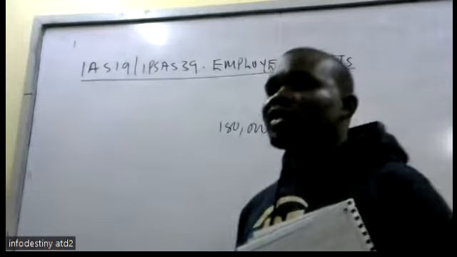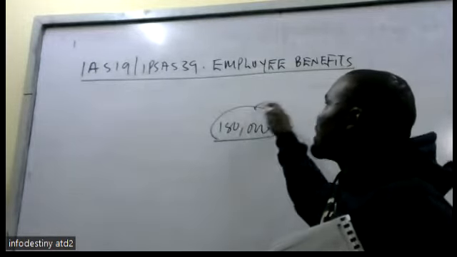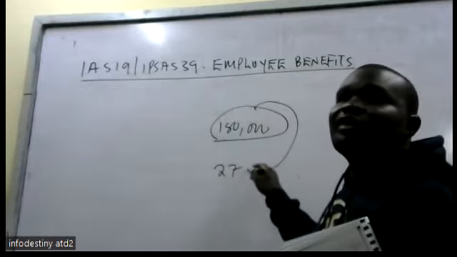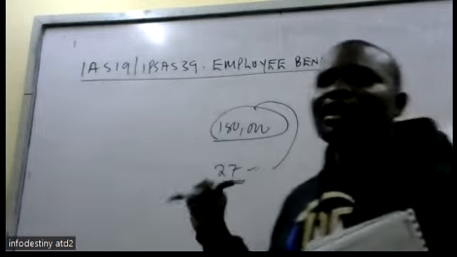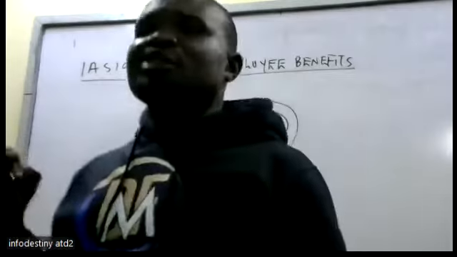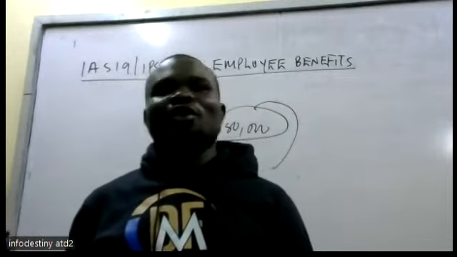Then the calculation was done. Out of this, the amount which I could use to guarantee that loan was only 27 and some hundreds. I asked how? It is only based on the surrender value, not the entire amount. You don't use the entire amount.